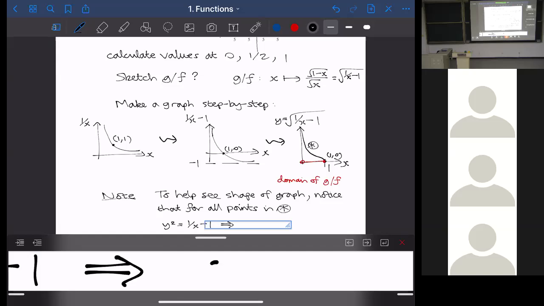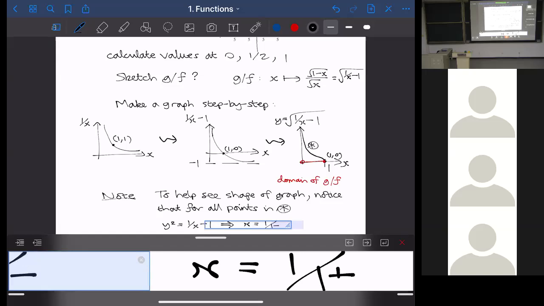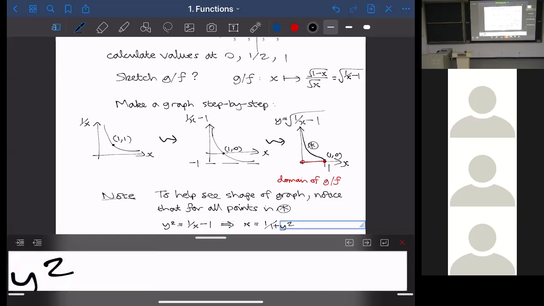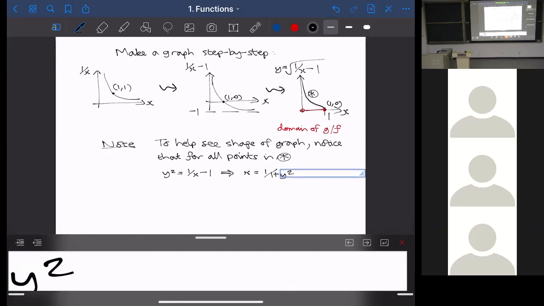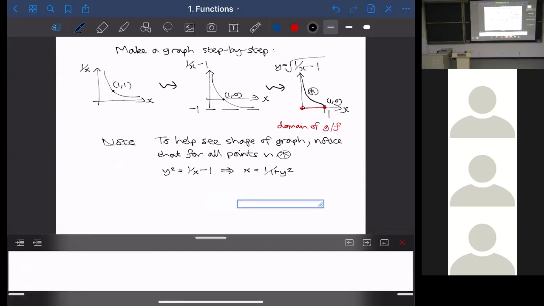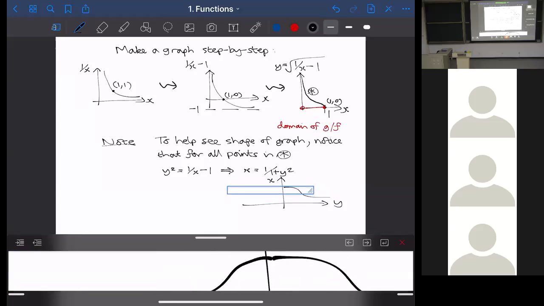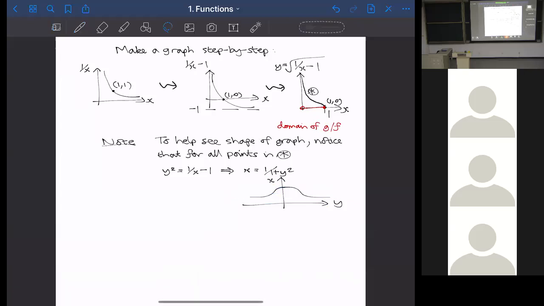And that implies that x is 1 over 1 plus y squared. So then it's easier to sketch the graph the other way around. So I have y on the horizontal axis and x on the vertical axis. So let me get a graph like this.